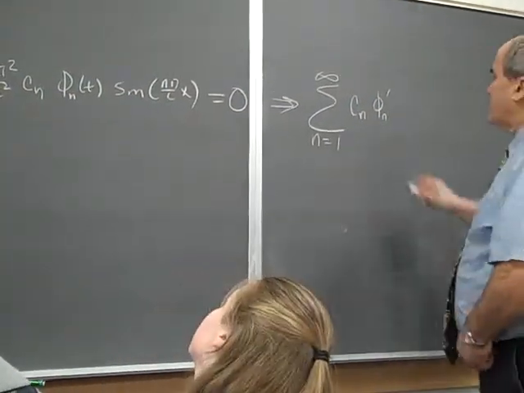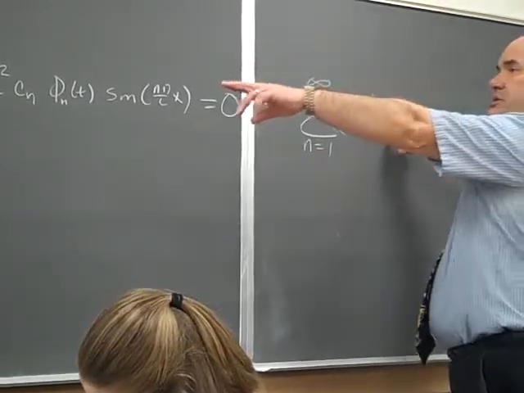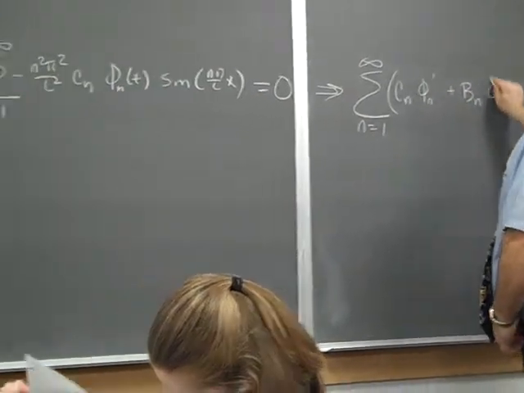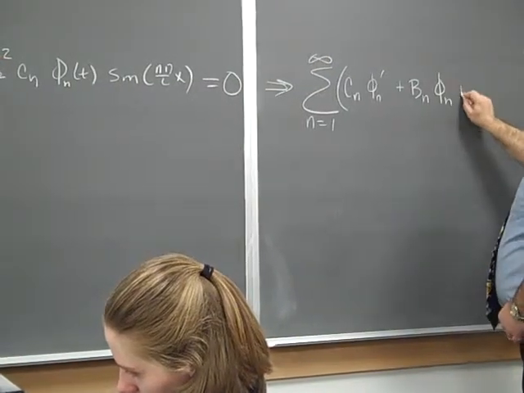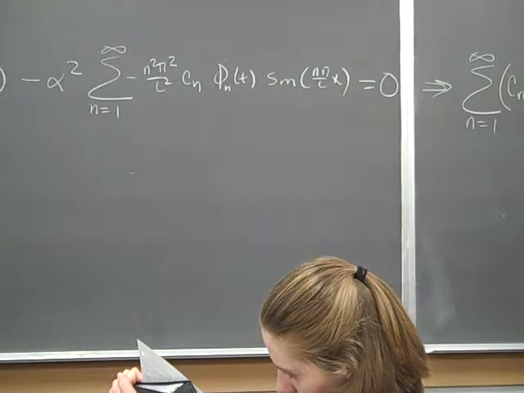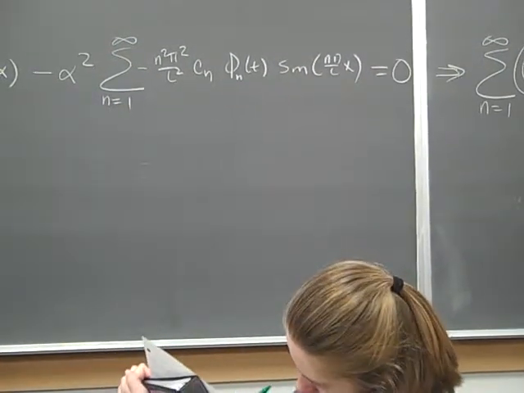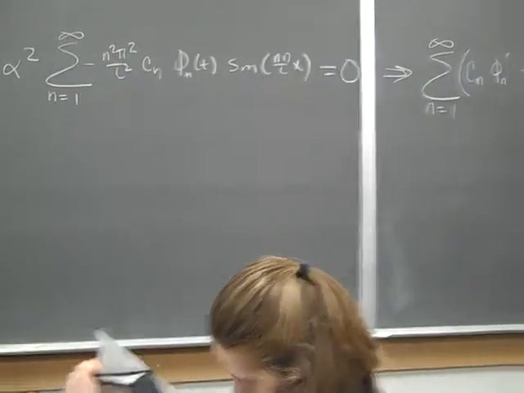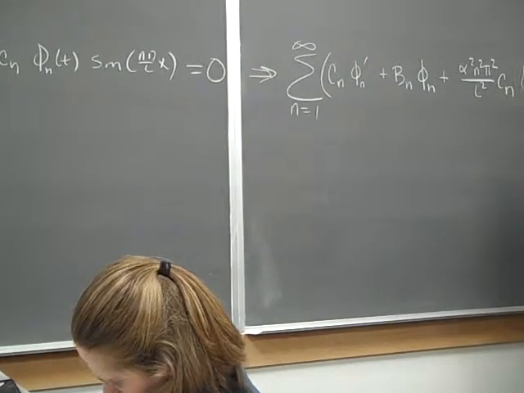And so if I look at what's left, I have c sub n phi sub n prime from the first sum. The second sum is what? B sub n, phi sub n's. And then in the third one, I would have a plus alpha squared n squared pi squared over L squared. That should look vaguely familiar. And c sub n times phi sub n.